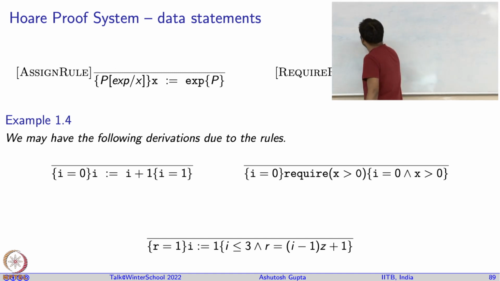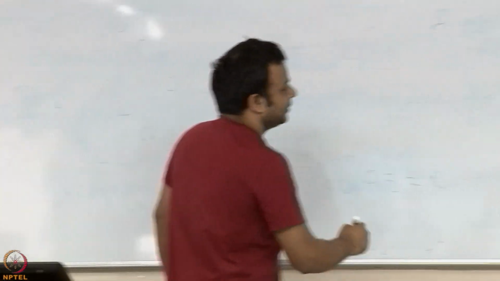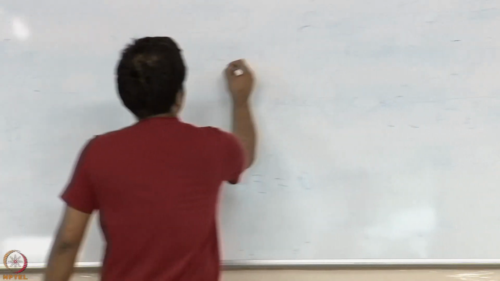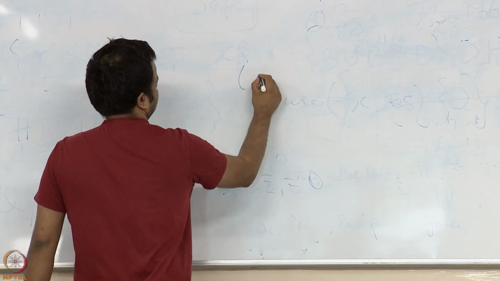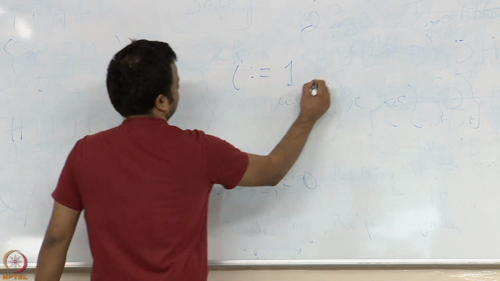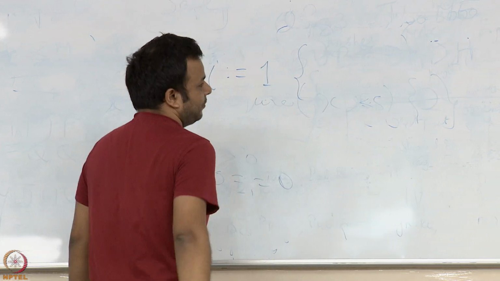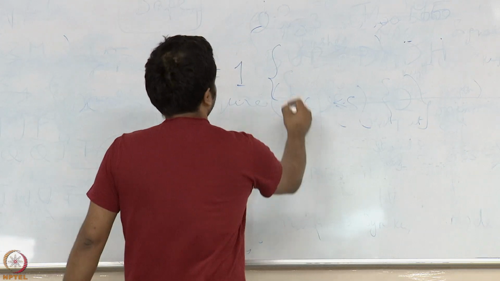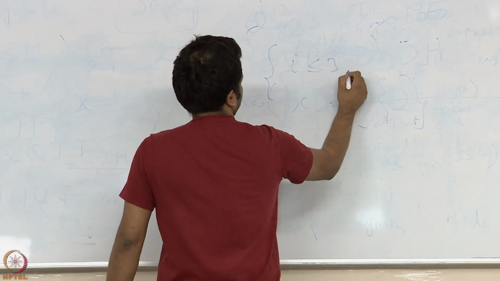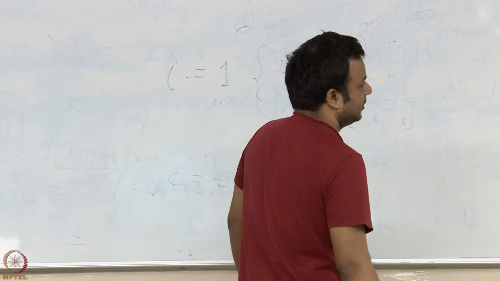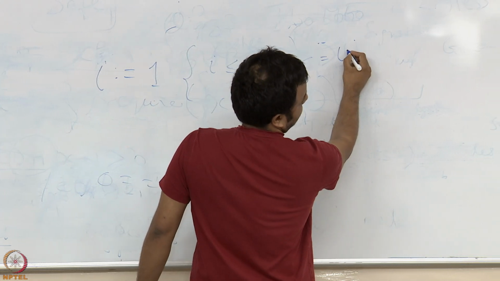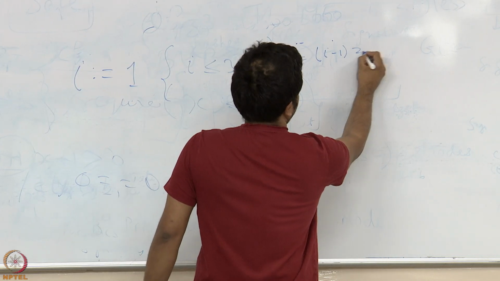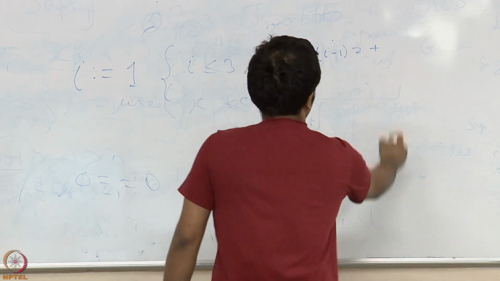Let's work it out. We have the assignment i equals 1, and the landing property is i less than or equal to 3 and r equals (i minus 1) times z plus 1.